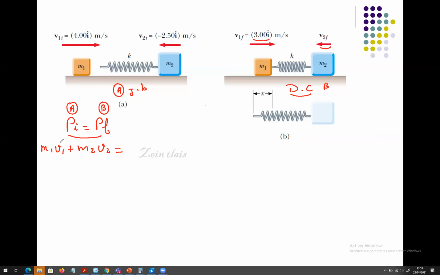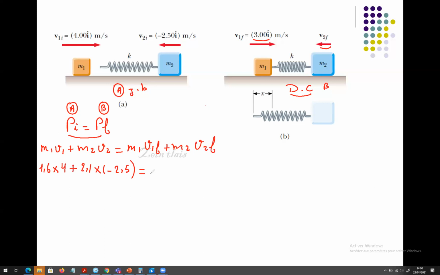In state A, we have M1 equals 1.6, V1 equals 4, M2 equals 2.1, V2 initially minus 2.5. In state B, we have M1 V1 final plus M2 V2 final.